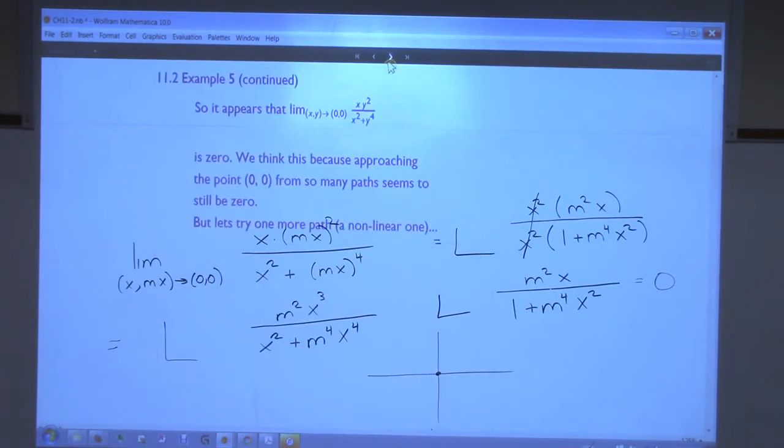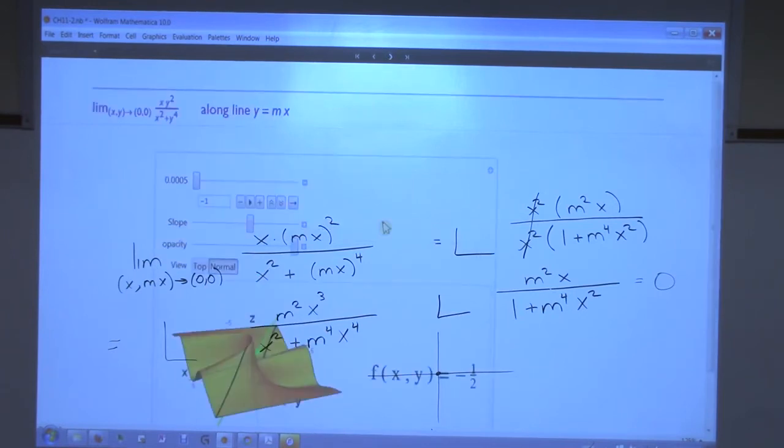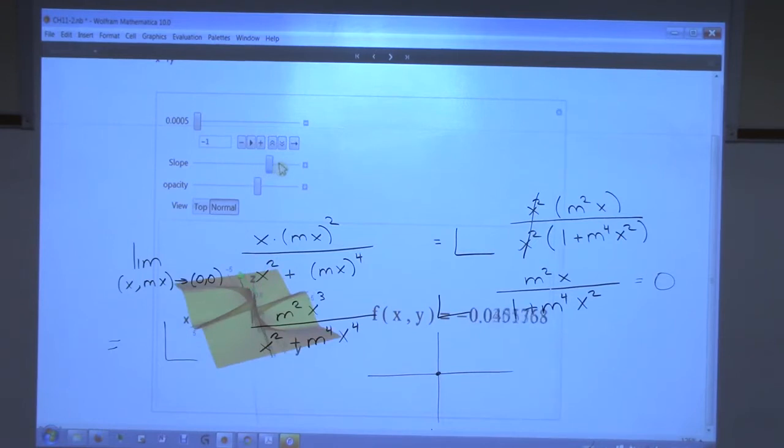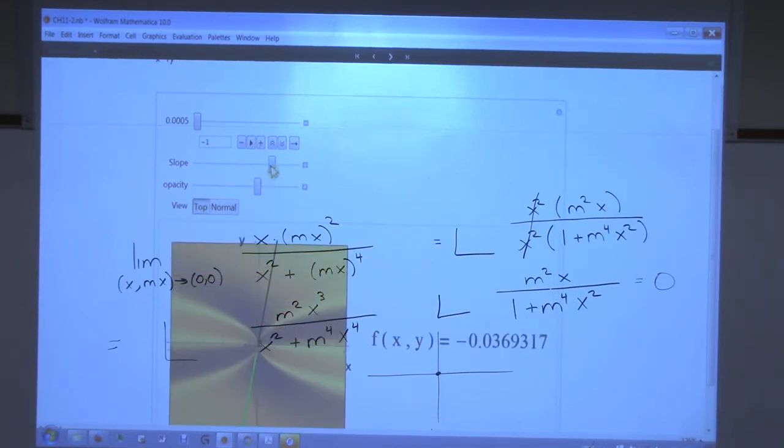So what I had done here is I had built into my code a way of actually changing the paths. So I'm going to take the surface out of here. And, well, I'll bring it in. And now I'm just going to rotate. Notice that all these different paths, if I look at it from the top, maybe that'll make a little more sense. All these paths that I have approach 0, 0 on any of these lines. Do you all see that?